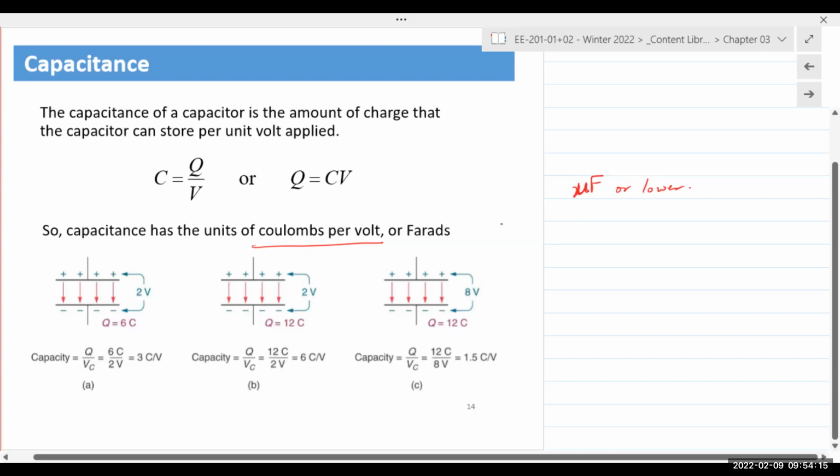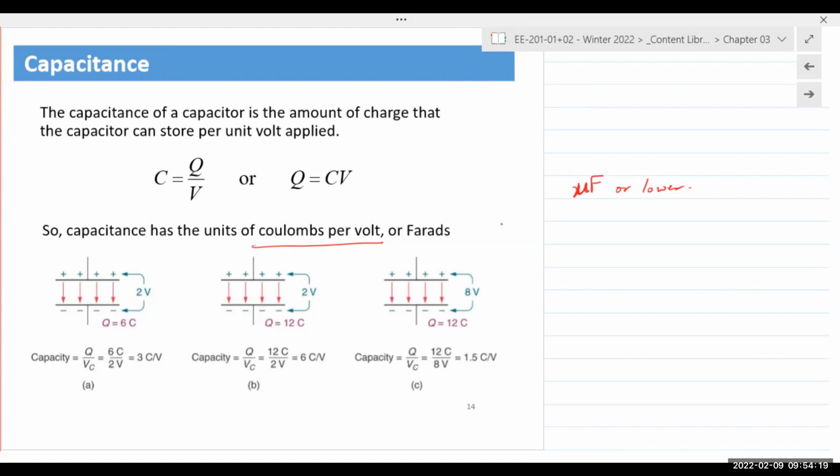So typical capacitances that you see in circuits would be like 0.1 microfarads, 0.05 microfarads, really, really small. The ones that we use in electronic circuits for filtering are much larger, like electrolytic capacitors that I mentioned earlier. Those would be about 1,000 microfarads or 10,000 microfarads, which is 10 millifarads. So that's a huge capacitor. It's basically about this big. Typical capacitors are very, very small.